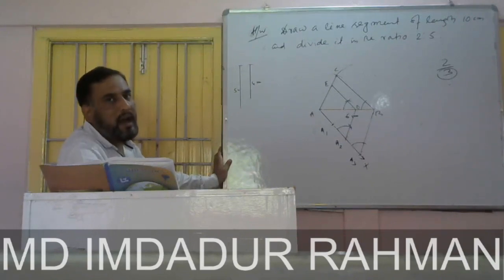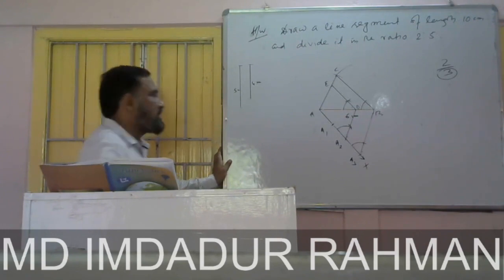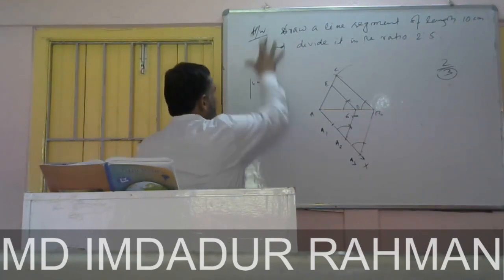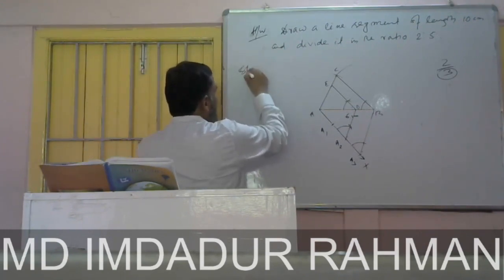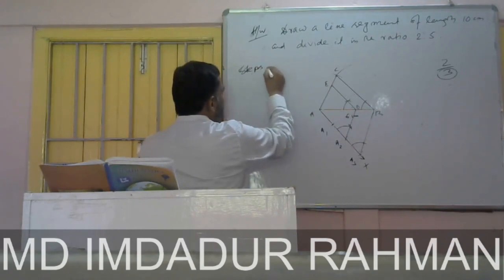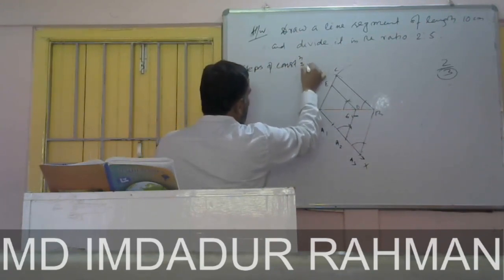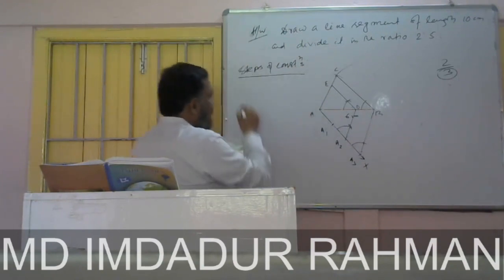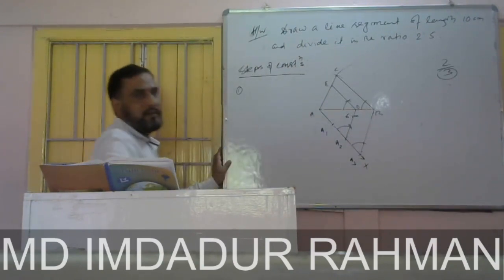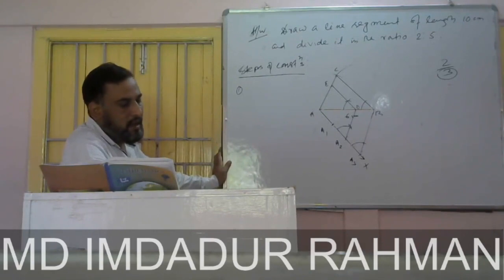Now whatever I have drawn, it will be written as steps of construction. So let us write the steps of construction. At first, we draw a triangle of sides 6 cm, 5 cm, and 4 cm.